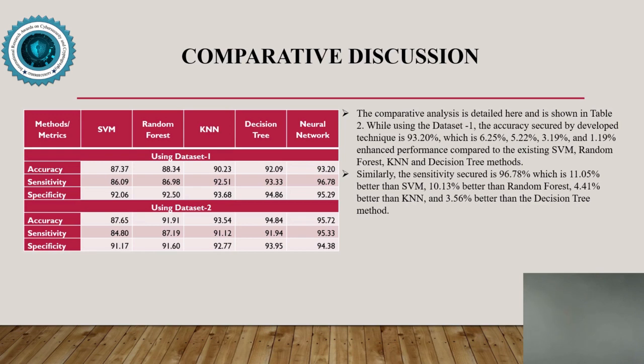Similarly, the sensitivity secured by this method is 96.78%, which is 11.05% better than the SVM model, 10.13% better than the random forest model, 4.41% better than the KNN, and 3.56% better than the decision tree method.